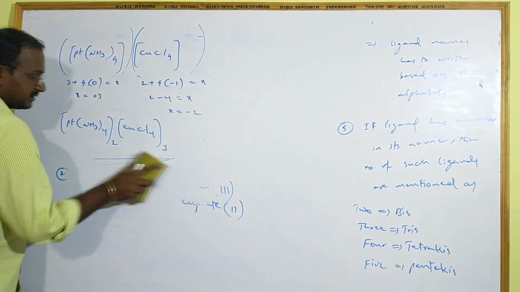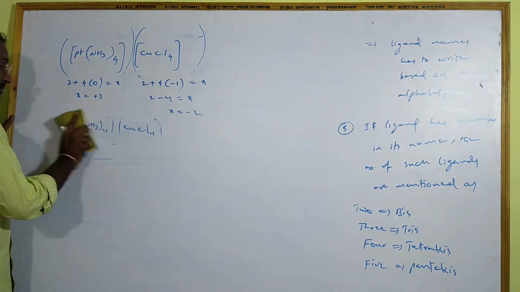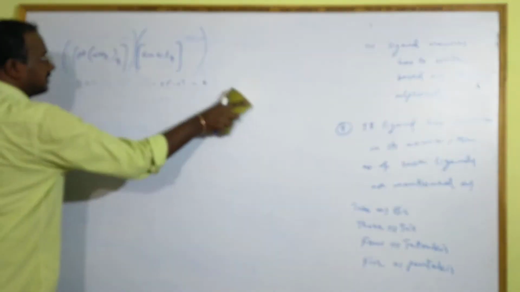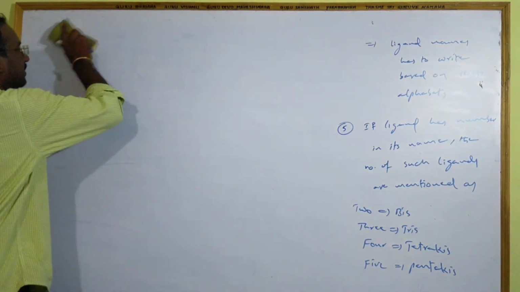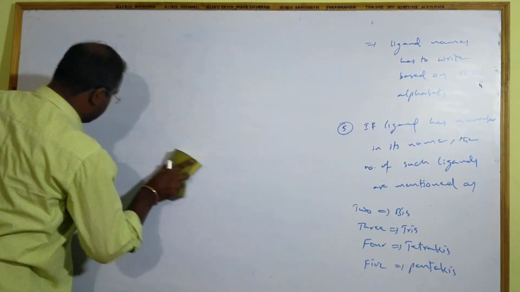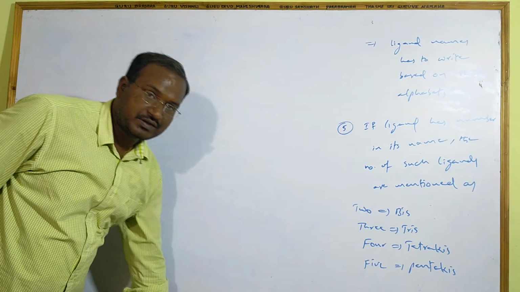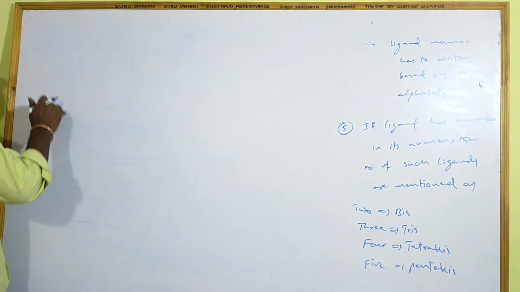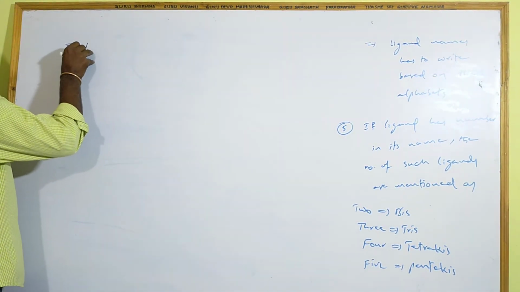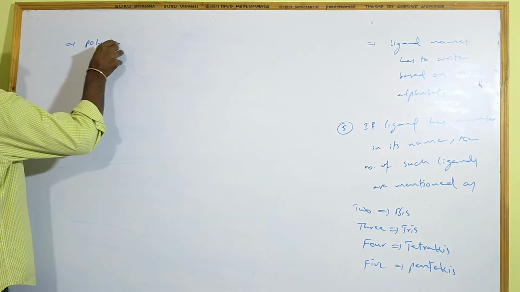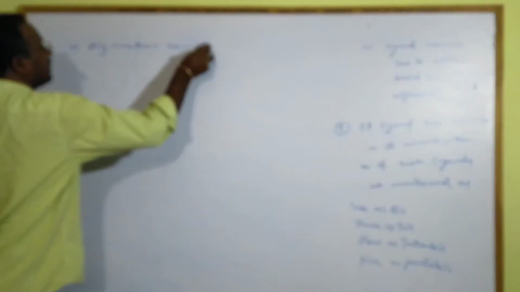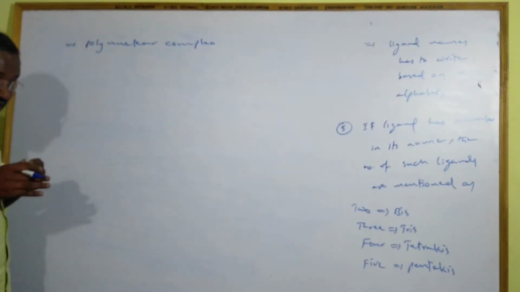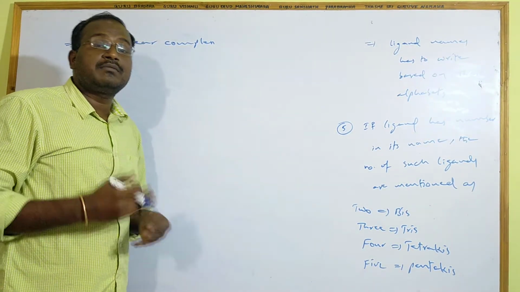And one more rule is there, the last rule in the nomenclature. This is extra. Mostly the question will not come from this, but we cannot expect that it is not coming in competitive examinations. That's why: polynuclear complexes. Polynuclear complexes means what? Any complex with more than one central metal ion.